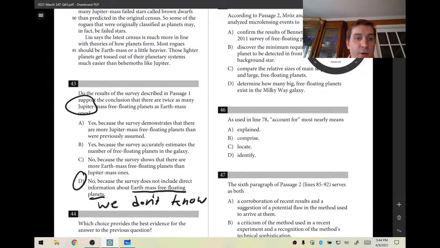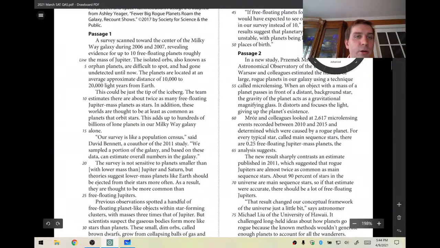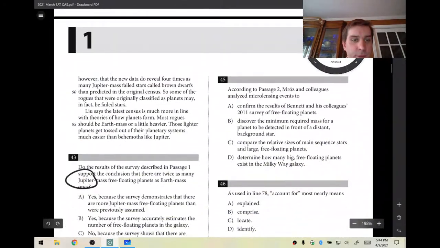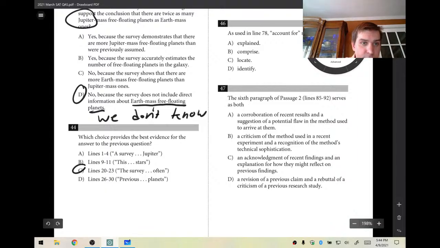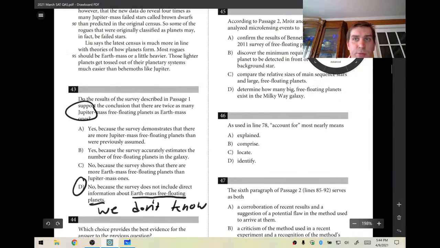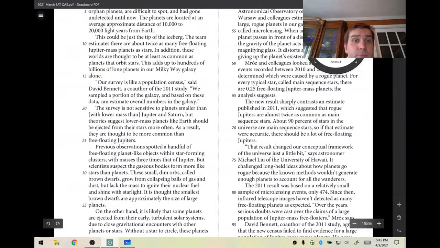We don't know about Earth-sized mass planets because they're going to be harder to observe. So that's why that one's D. Now we need the evidence. The evidence was C. I'm going to read the evidence from 20 to 23. Here's that evidence. The survey is not sensitive to planets smaller than Jupiter and Saturn. Well, there you go. There's your evidence.